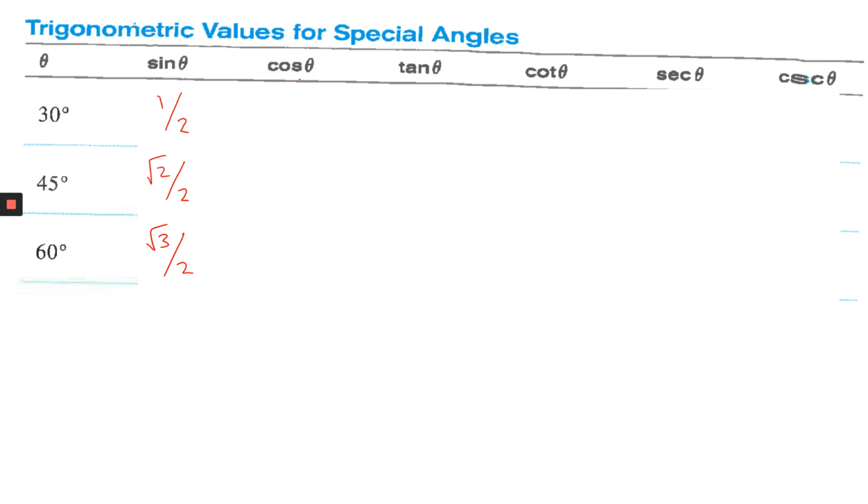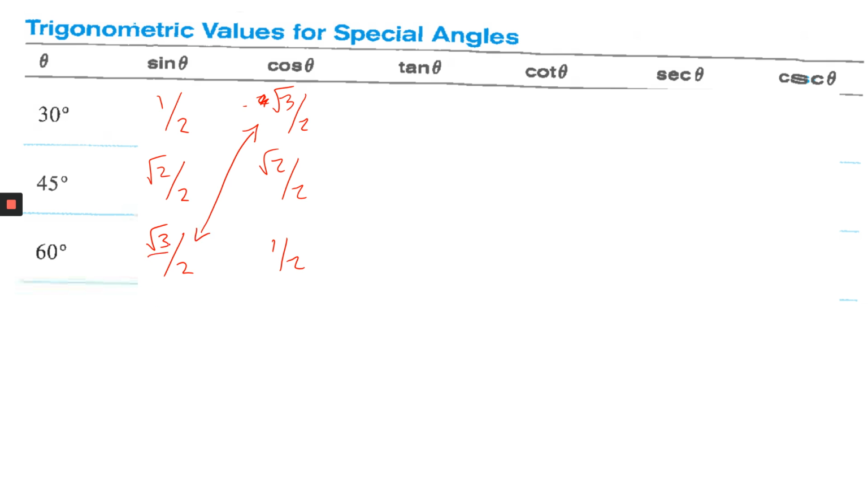And then cosine is going to be the reverse. It's going to be 1/2 at the bottom, rad 2 over 2 in the middle, and coming up, we're going to have rad 3 over 2. Just flip the ends.